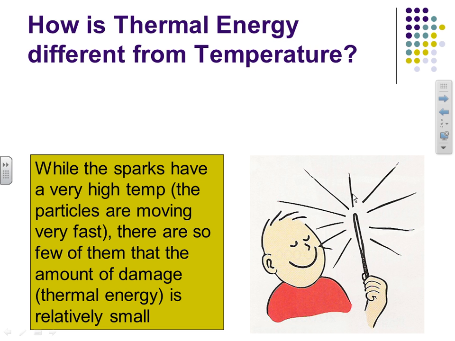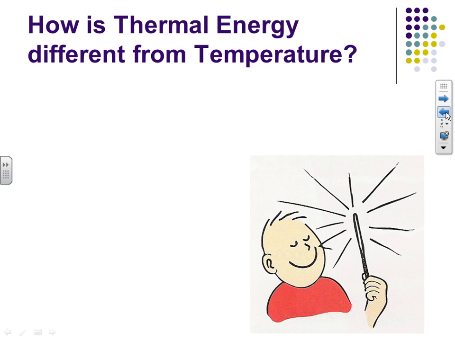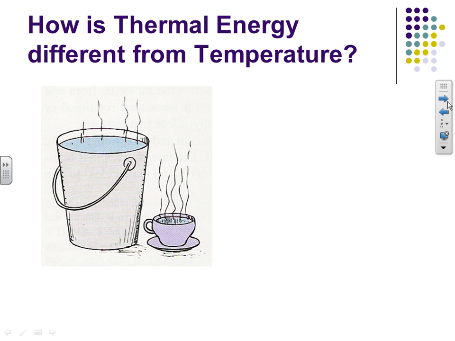The next picture is of the bucket and the cup. I'm going to ask you to make an assumption, even though it does not look like it from the picture. It says, assume that the water in the bucket and the water in the cup have the same temperature.